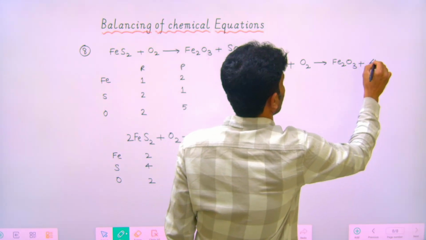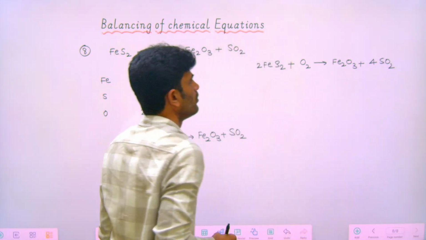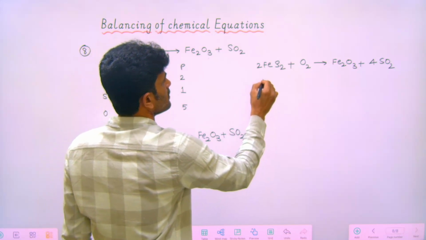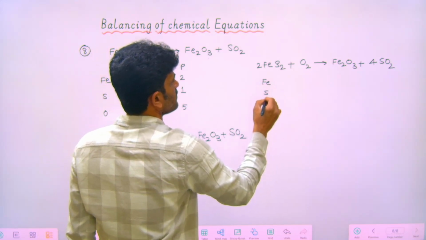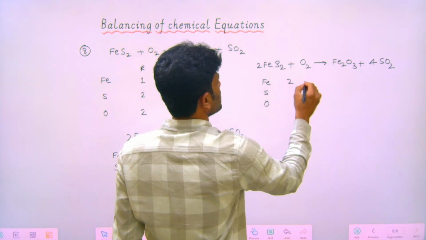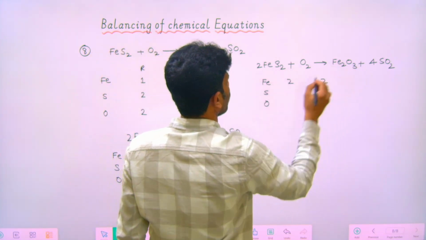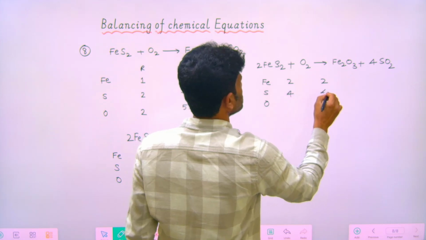That's why we write 4 SO2. Now if you check irons, sulfurs and oxygens, irons are 2, balanced already. Sulfurs are 4. Sulfurs are also balanced.